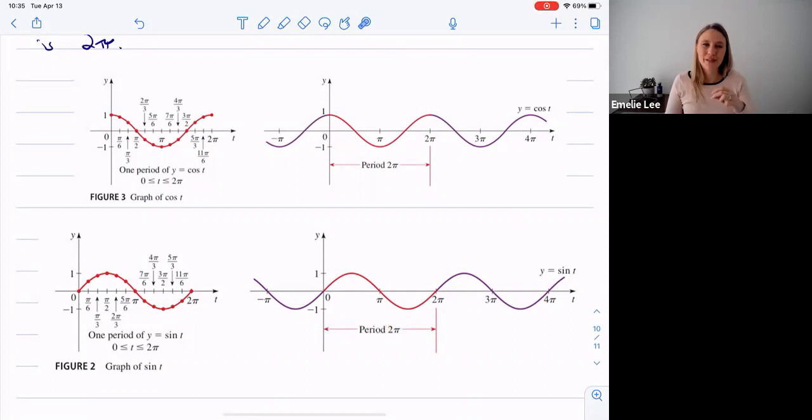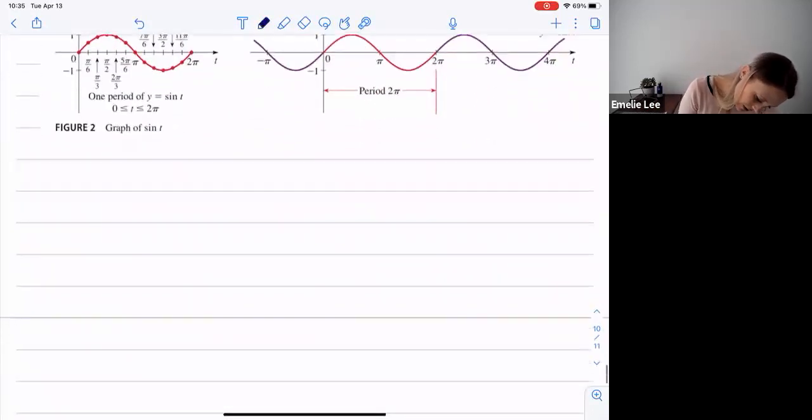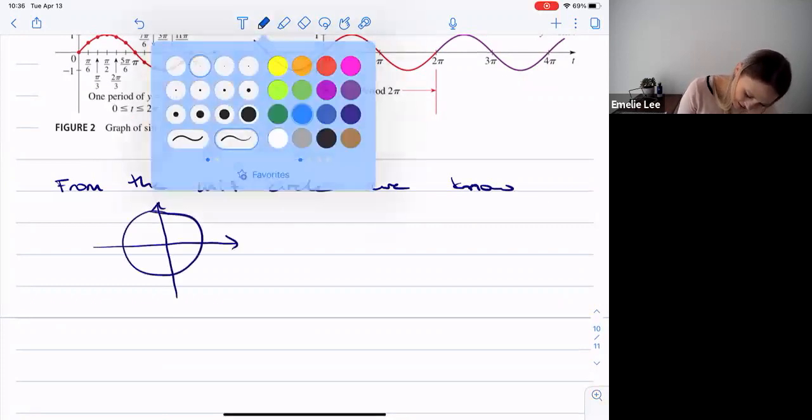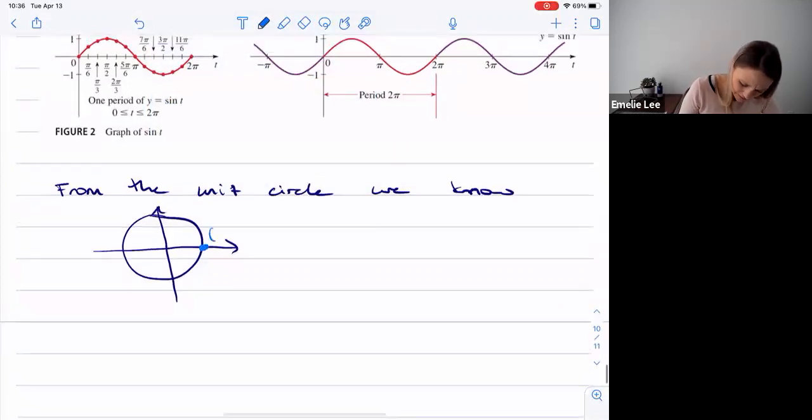So we also have a period of 2 pi. Both of them have the same period because they repeat themselves over the distance of 2 pi, but sine starts at 0, 0, whereas cosine starts at 1, right? So from the unit circle, we know that if we start here, this is at 1, 0, which means the cosine of t is 1 and the sine of t is 0.